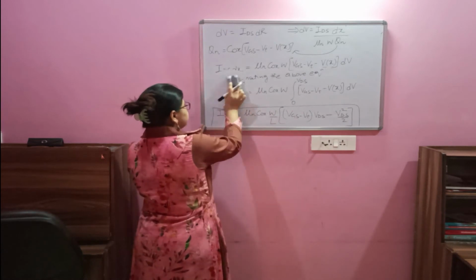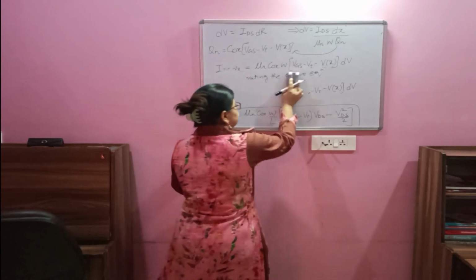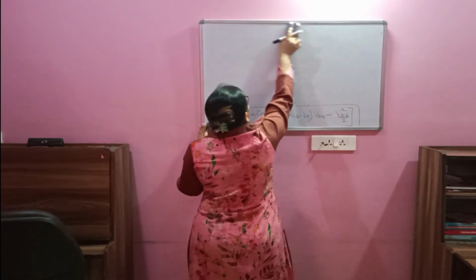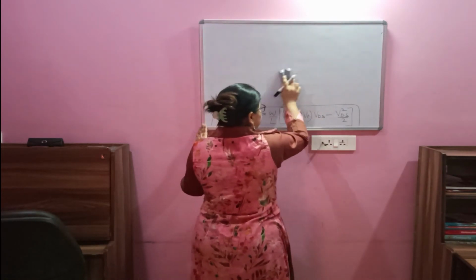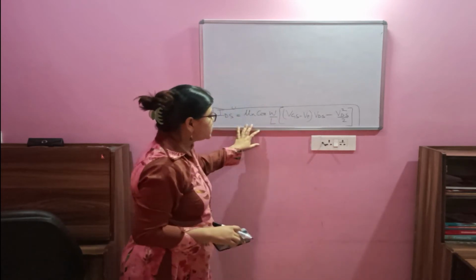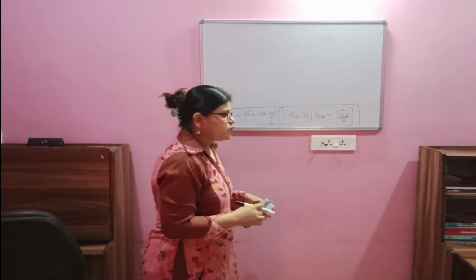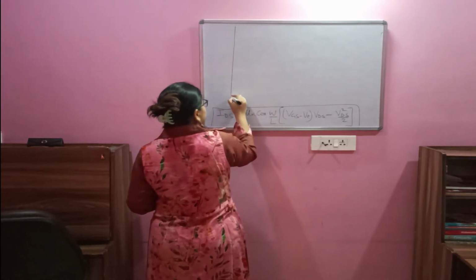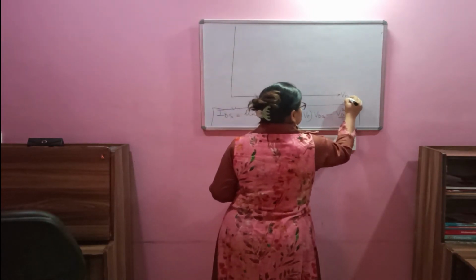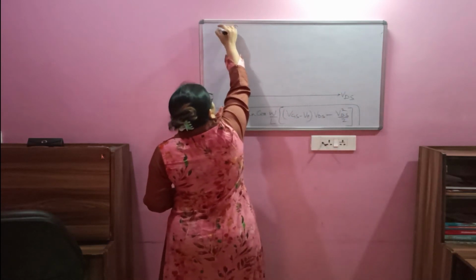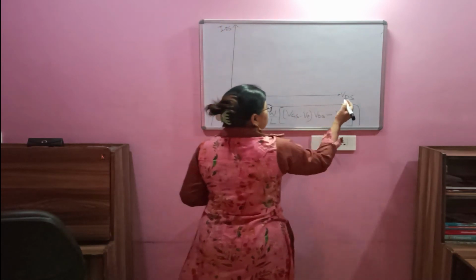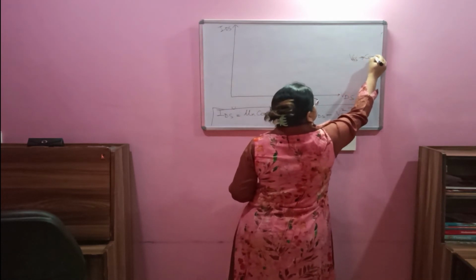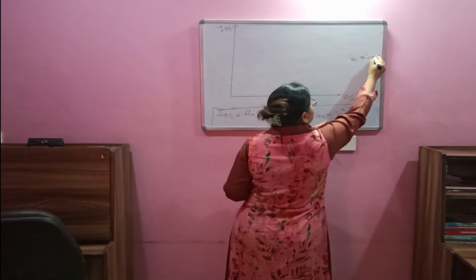Now when I draw the curve for this equation, see what happens. This is a quadratic equation in terms of VDS. So when I am going to draw this, I will draw it with VGS constant at some value.